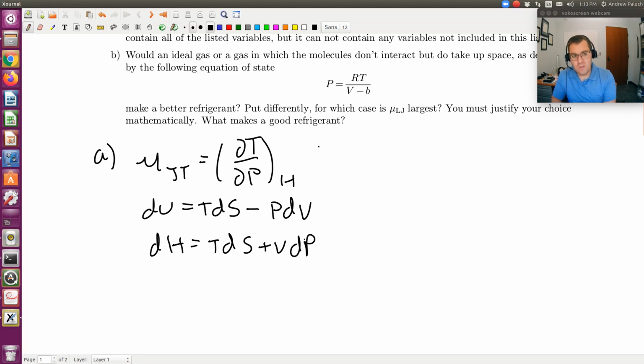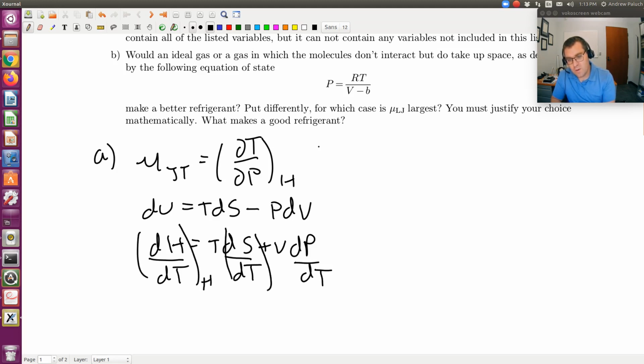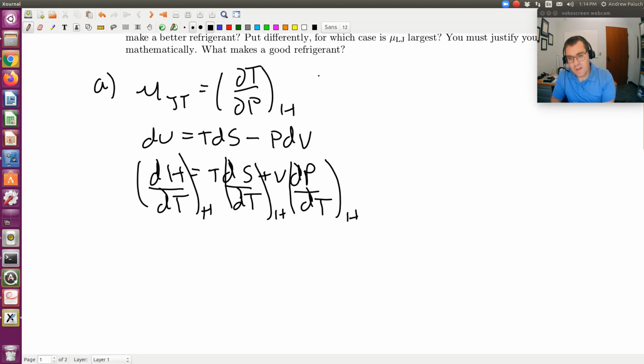So what I'm going to do is essentially work out dP/dT at constant H, because dP/dT at constant H would just be the inverse of dT/dP at constant H. So if I divide my differentials by dT, I can only differentiate with respect to one variable at a time, so here I need to hold another variable constant, which in this case is going to be H. When I do this, we end up with dH/dT at constant H. Well, H is being held constant, so the derivative of a constant is just 0.